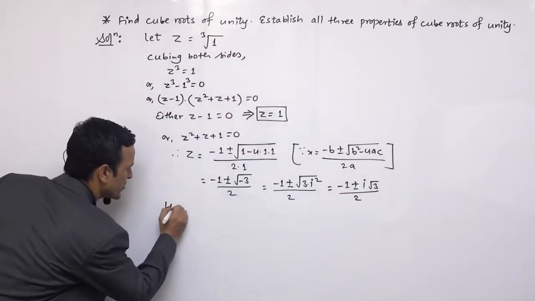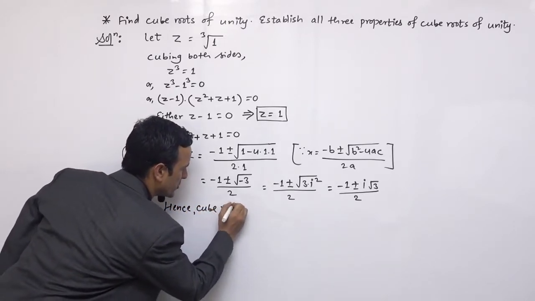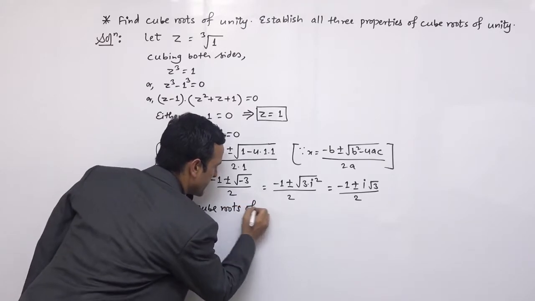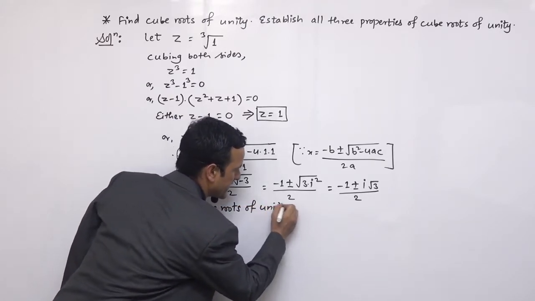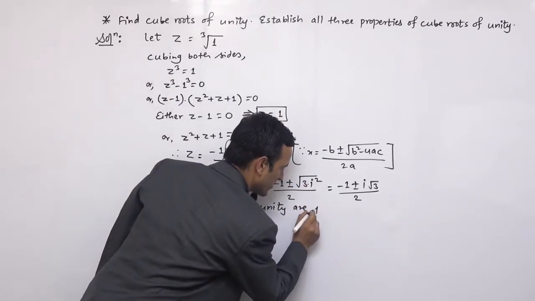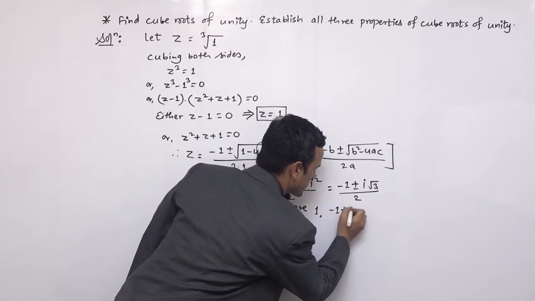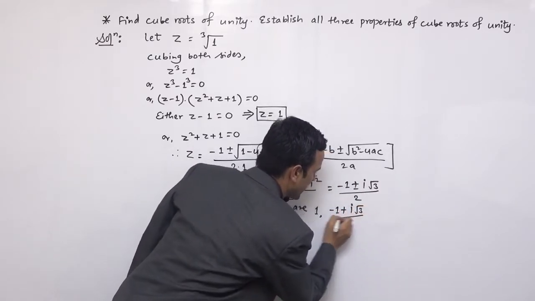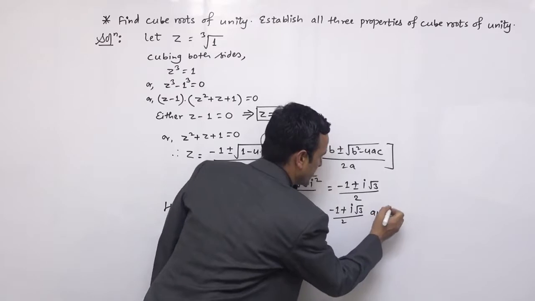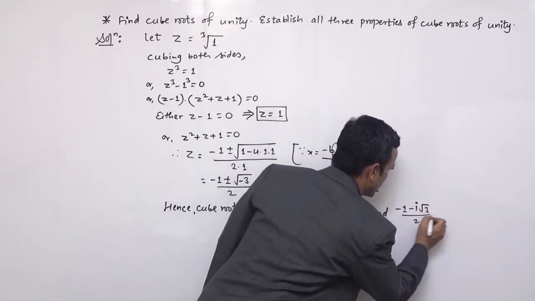So hence the cube roots of unity are: one of the answers is 1, then another answer is minus 1 plus i root 3 divided by 2, and another answer is minus 1 minus i root 3 divided by 2.